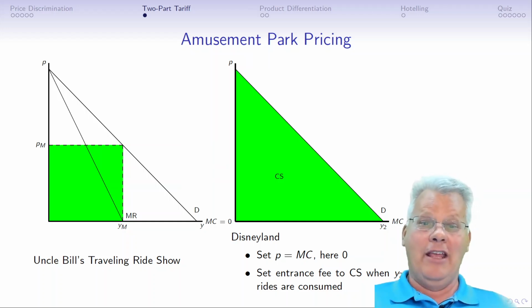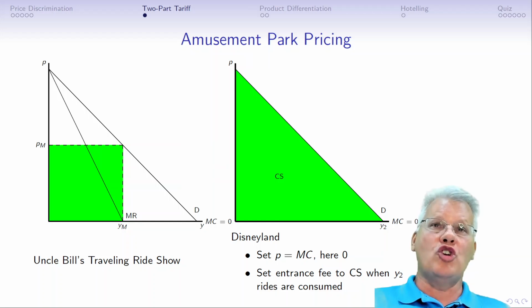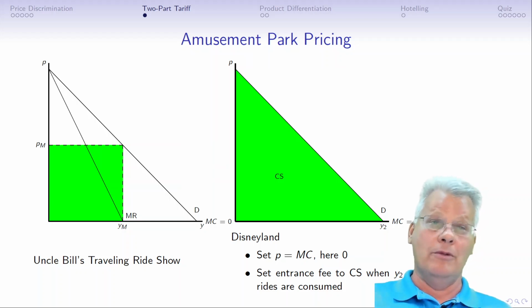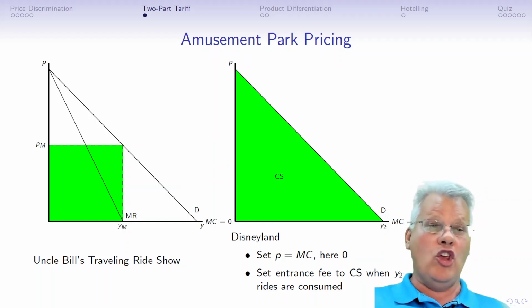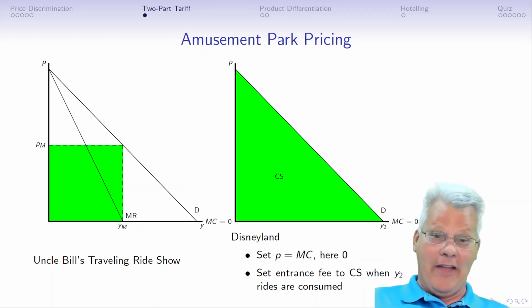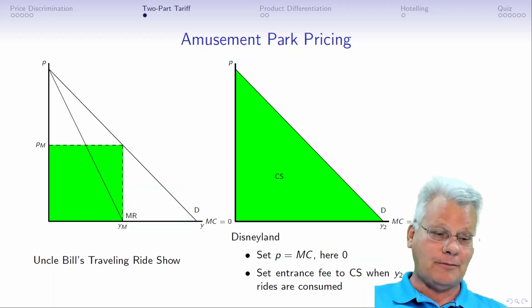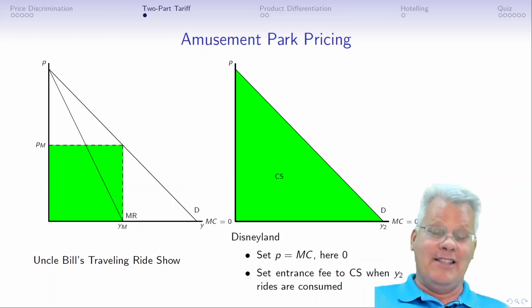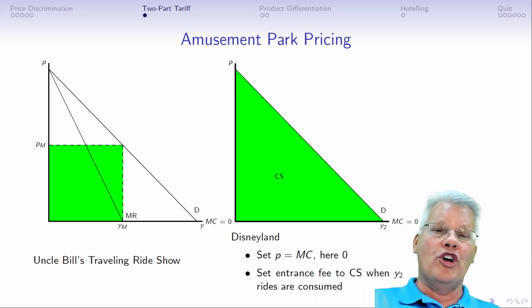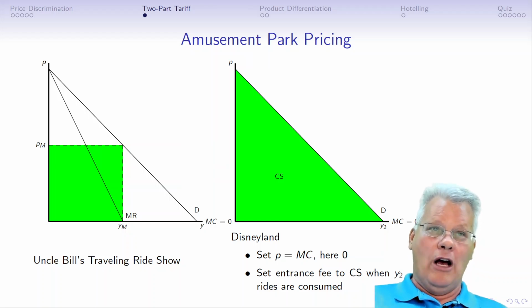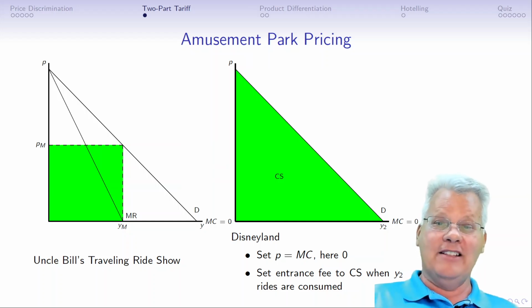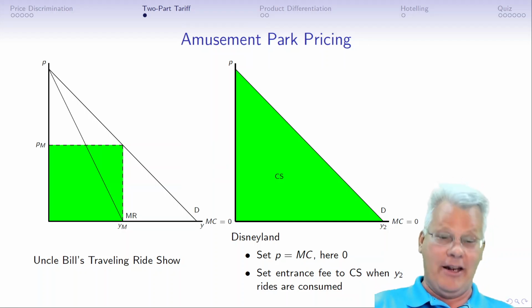Disney, on the other hand, if the marginal cost of an additional ride is essentially zero, so you would argue that all these rides are running anyway, and the cost of putting one more person on Space Mountain is essentially zero, what that means then is if someone were to enter Disney and ride as many rides as they want, they generate consumer surplus given by this green triangle in the center of the slide.